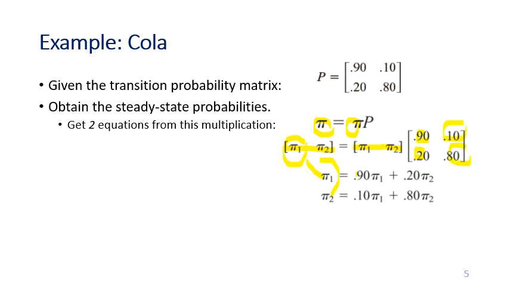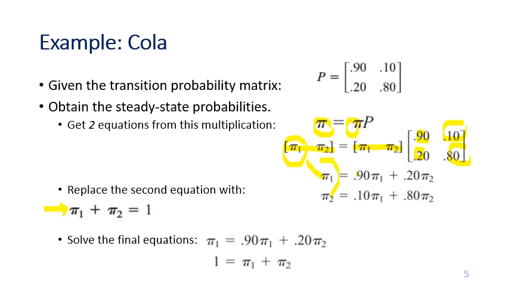And then remember that you need to replace any of the equations with the equation that says the sum of all pi's equals 1. So here I just arbitrarily replaced the second equation with this one. So your final equations look like this. The first one is from here, and the second one is this. And if you solve these two equations, you obtain that pi_1 equals 2/3 and pi_2 equals 1/3.